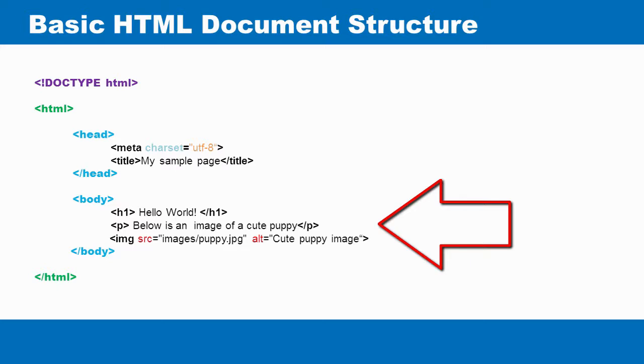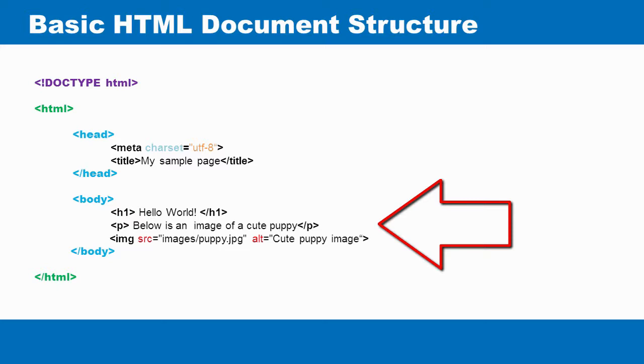So it contains all the content that you want to show to the web user or visitor when they visit your page, whether that is text, images, videos, games, playable audio tracks, or whatever content you have, you place it between the body element for the visitor to see it.